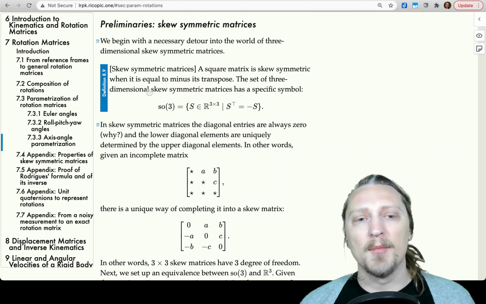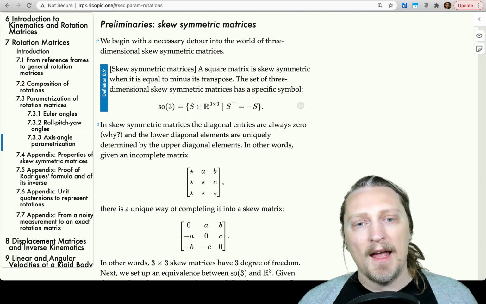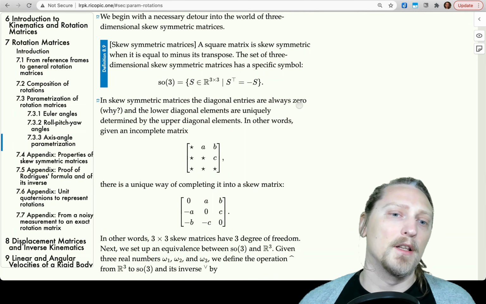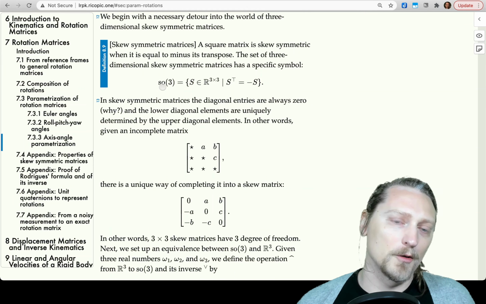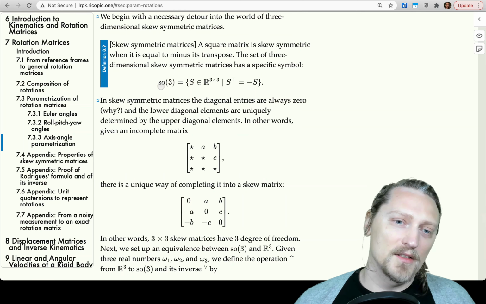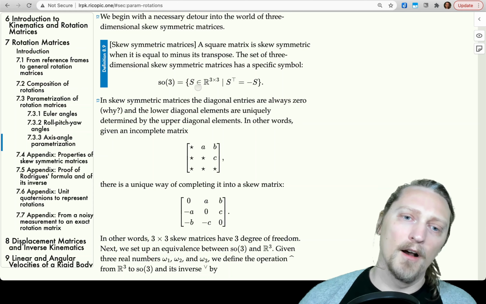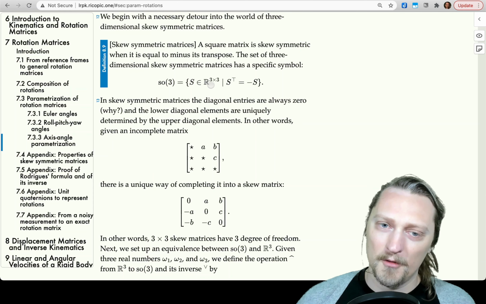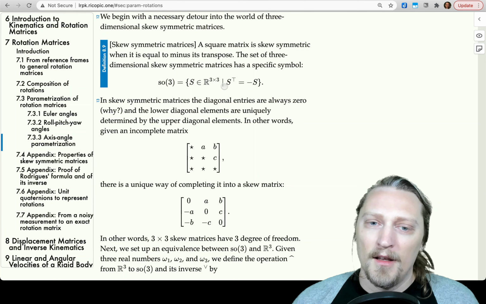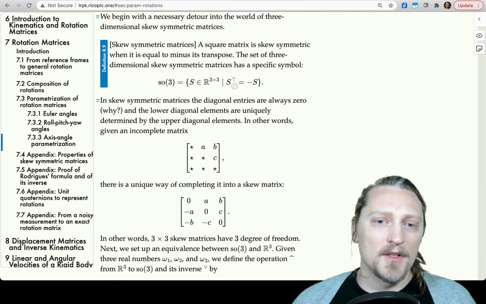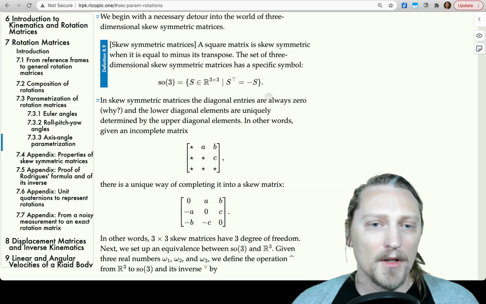The set of three-dimensional skew-symmetric matrices has a specific symbol. It looks like the special orthogonal group SO3, but it's lowercase. Okay, so(3) is equal to the set of 3x3 matrices such that the transpose of the matrix is equal to the negative of the matrix.